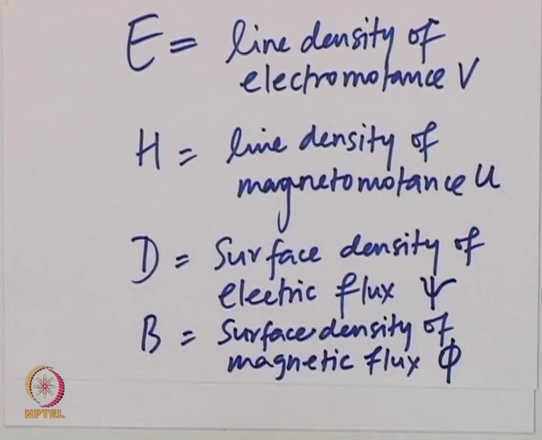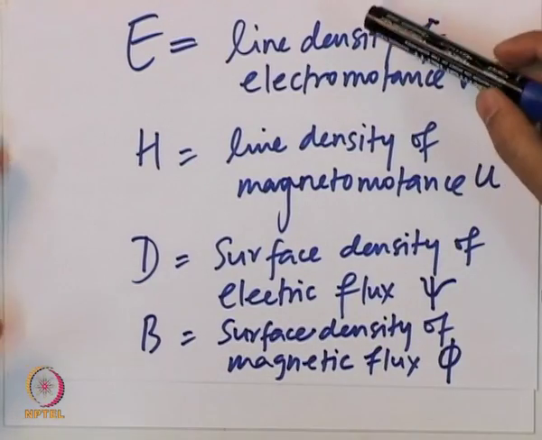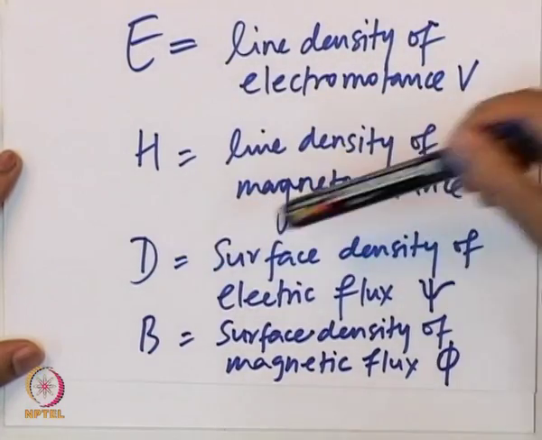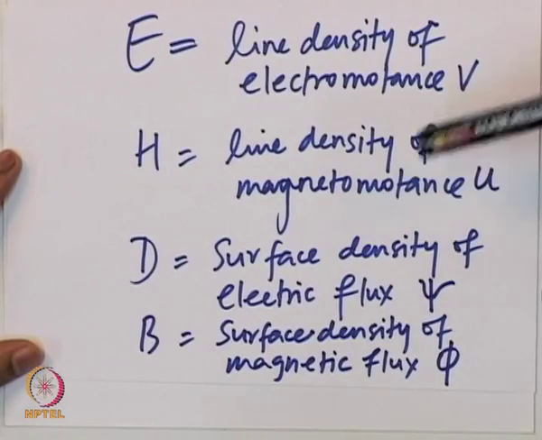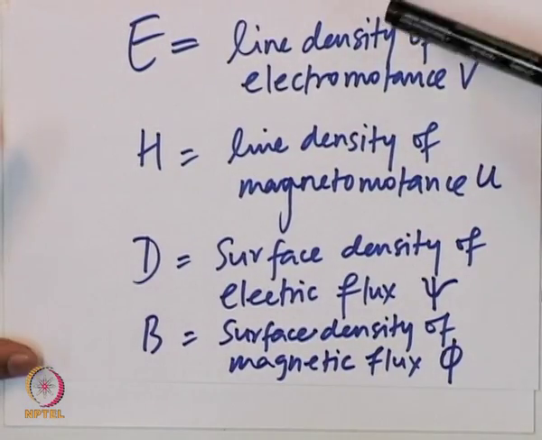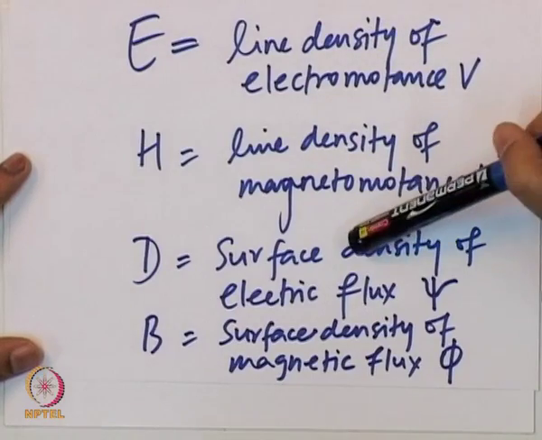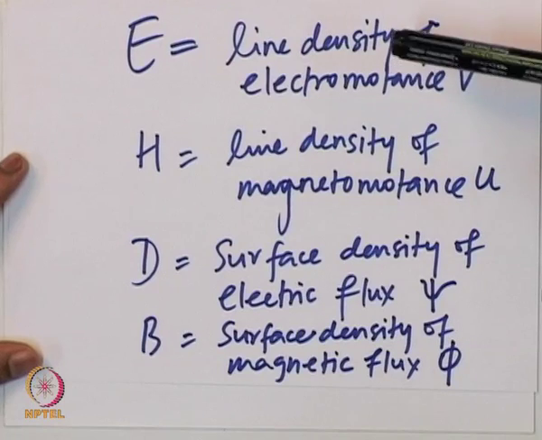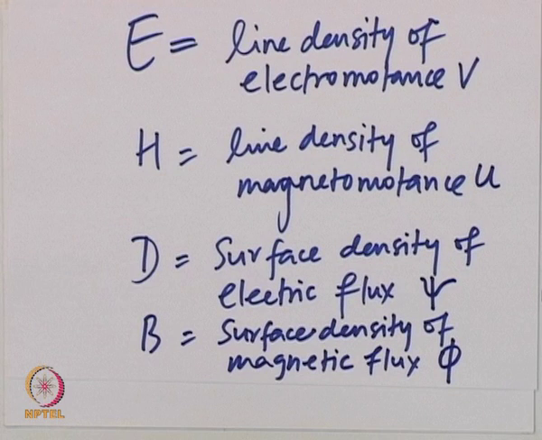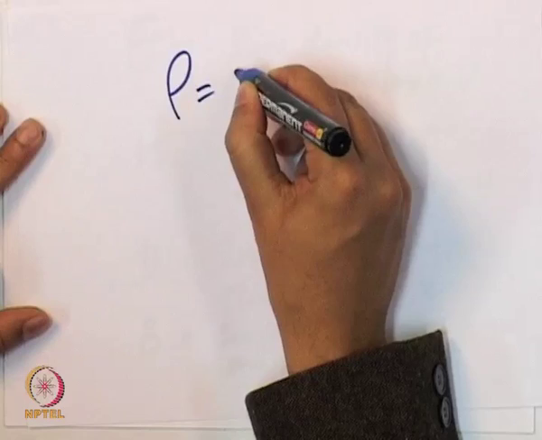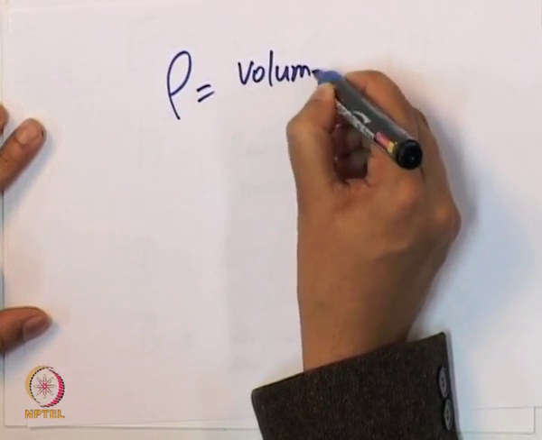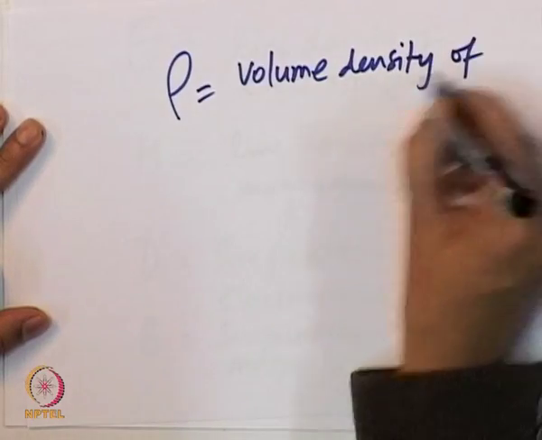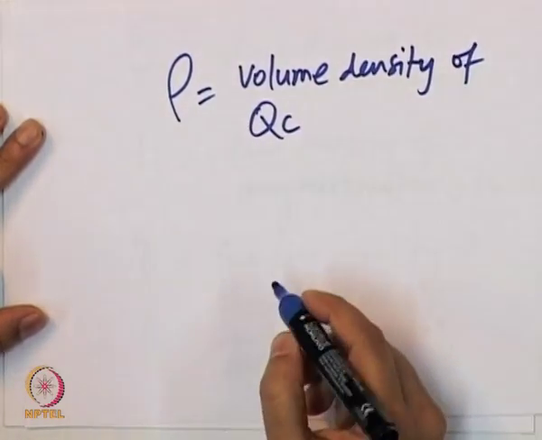So in fact, the most important thing is we are not used to think of electric field as a line density or the electric displacement as a surface density, but in fact they are what they are. So they are the line densities or surface densities, and in some cases it is also volume density. For example, rho is the volume density of charge content.